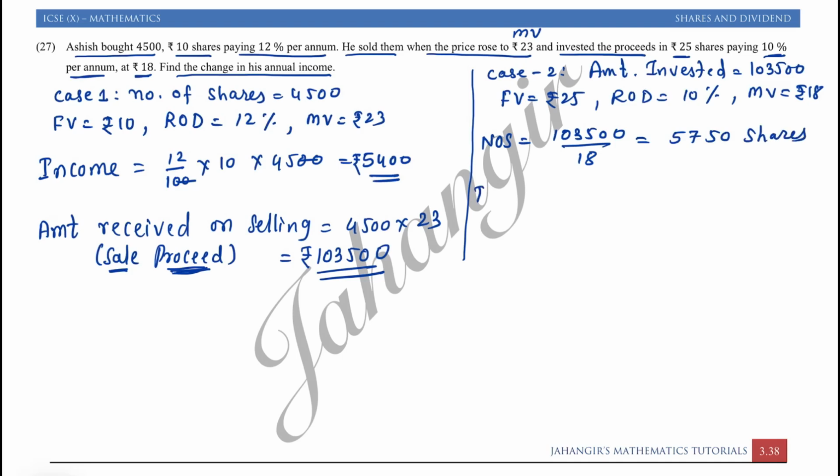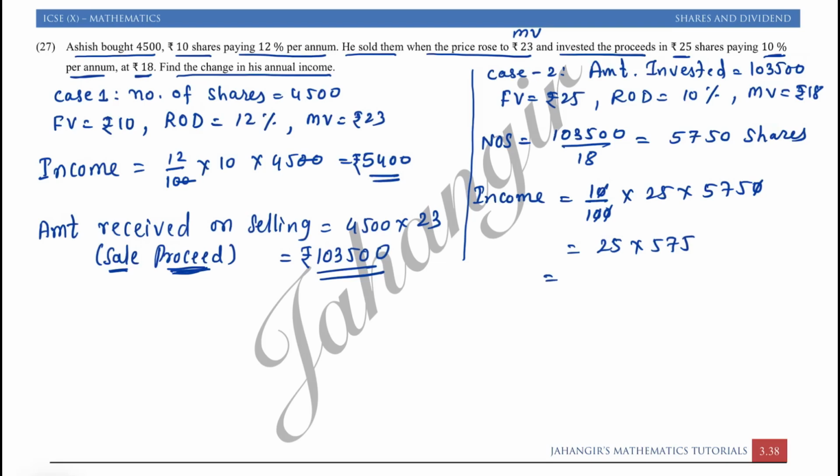So now we will find income for the second case. Income is equal to ROD 10 upon 100 into face value 25 into number of shares 5750. So here you can calculate. I will cancel the zeros. So that is 25 into 575 rupees.